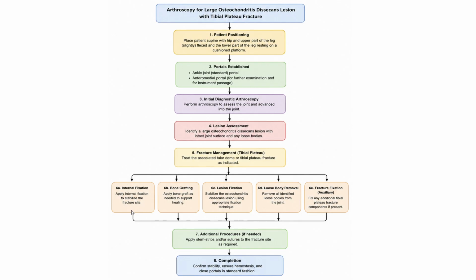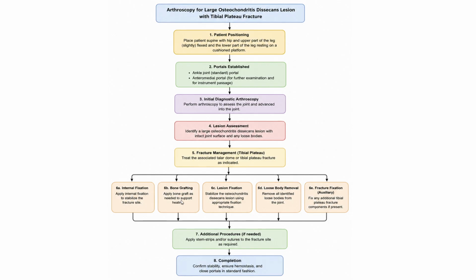So he will do internal fixation, okay, or bone grafting or lesion fixation and then loose body removal and fracture fixation. So these are the techniques he might do. Okay, so he will apply internal fixation so that the fracture gets stabilized.